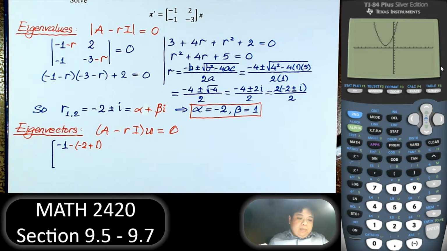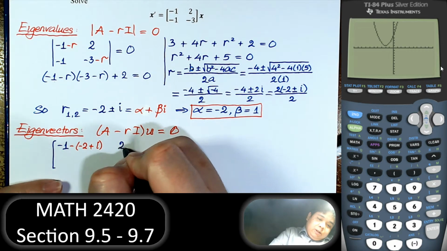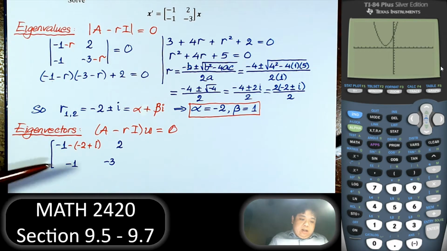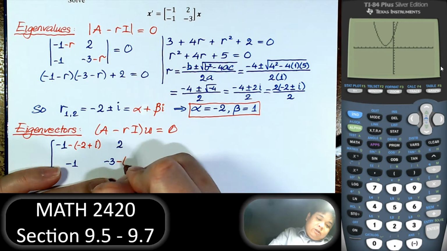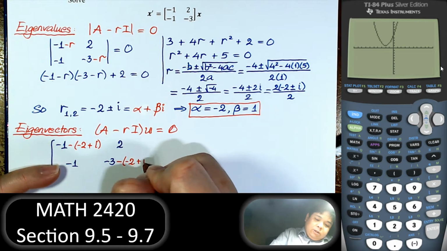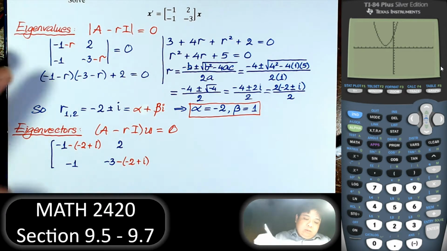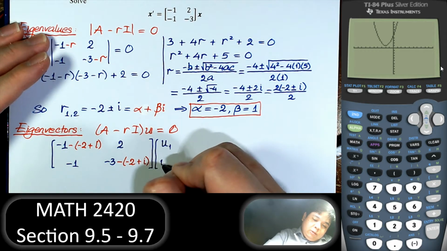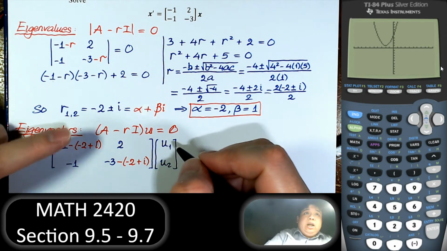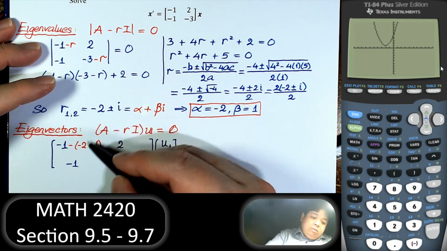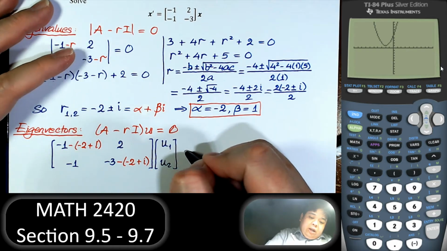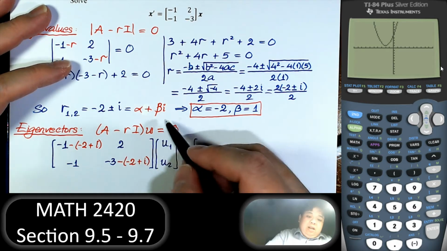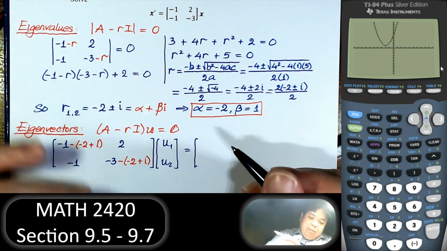And then 2, and the other one is 1. And then -3, subtract the eigenvalues on the diagonal. Once again, you can choose either positive or negative in the imaginary part.